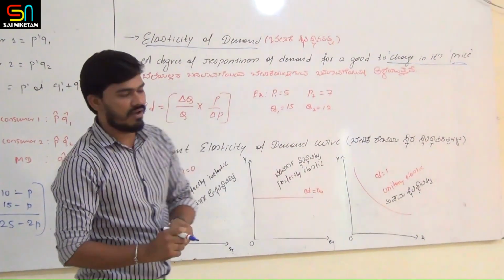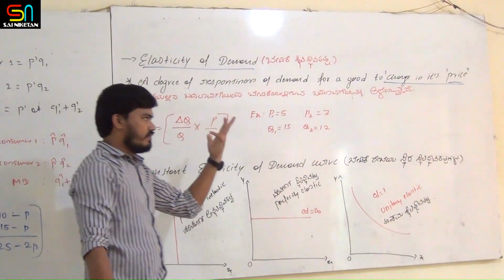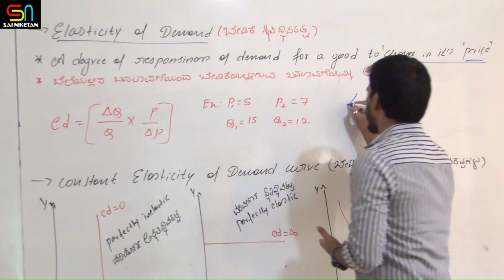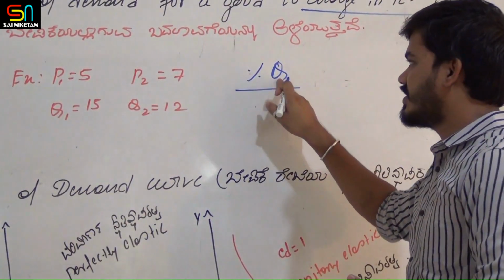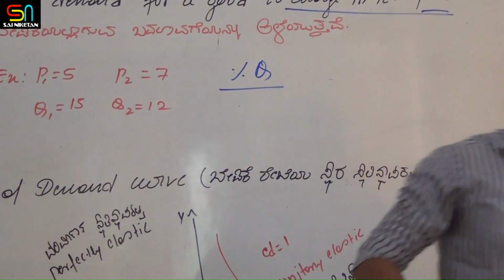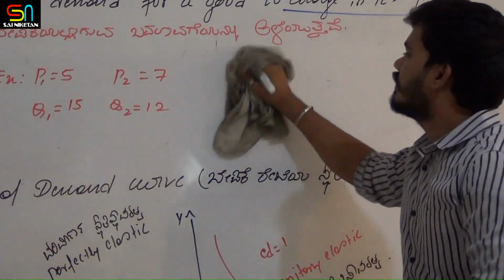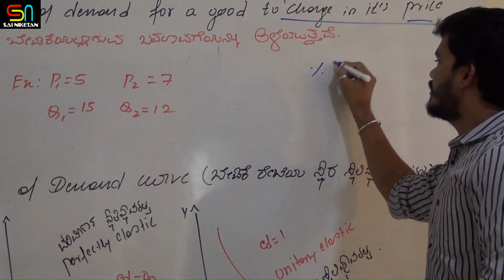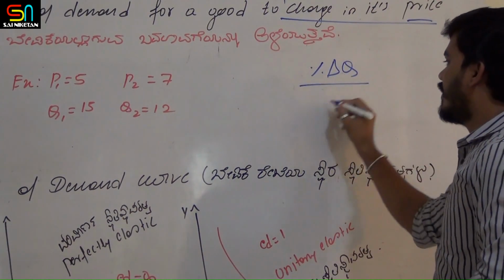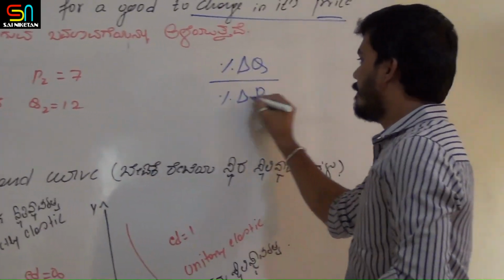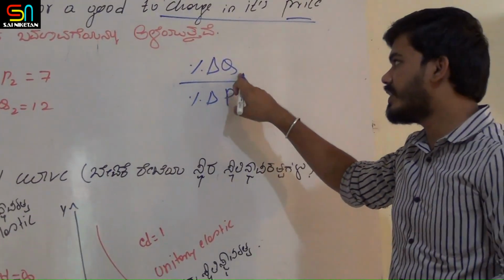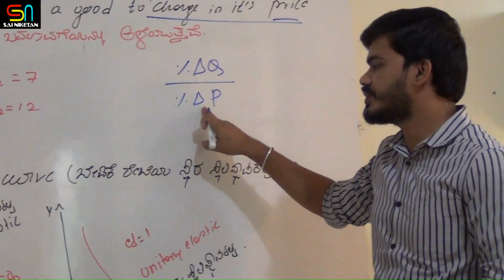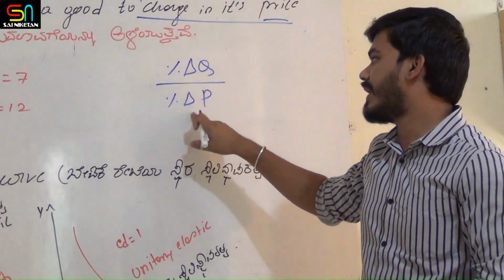There is one formula: percentage change in the quantity demanded divided by percentage change in the price. You can write it also as percentage change in the quantity demanded divided by percentage change in the price level.